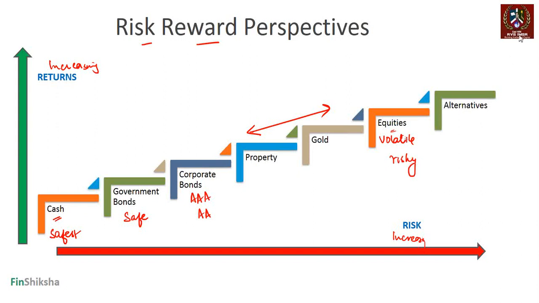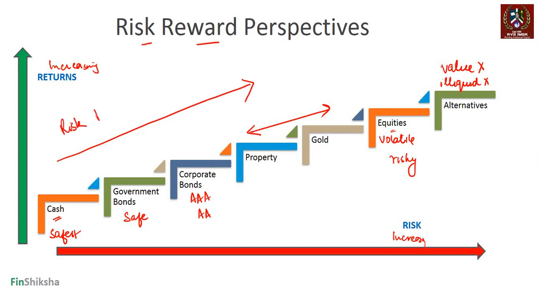And because alternatives are not really easy to value, right? We don't know how to value them, and they are extremely illiquid. We keep alternatives as a higher risk proposition, right? Also, by the same corollary, alternatives are invested in by ultra HNIs. So typically, as the risk perception of an individual increases, the individual would move outwards, right?